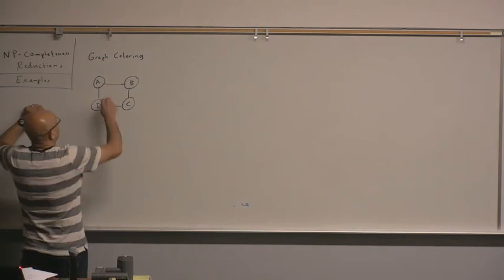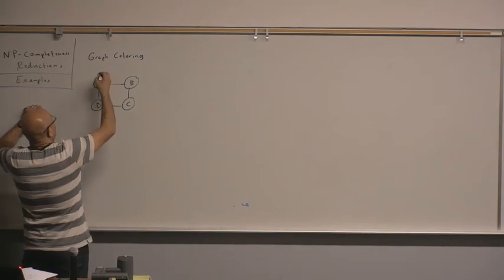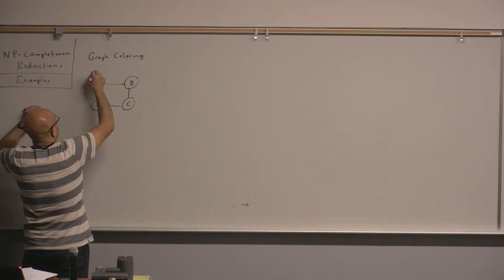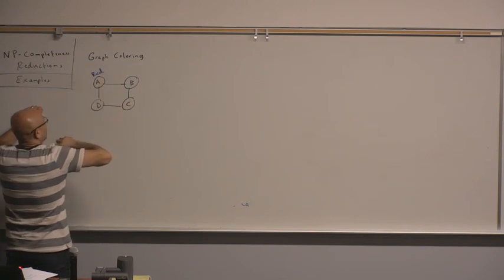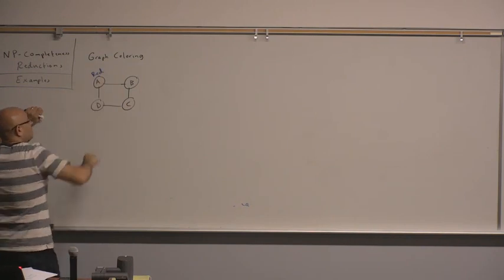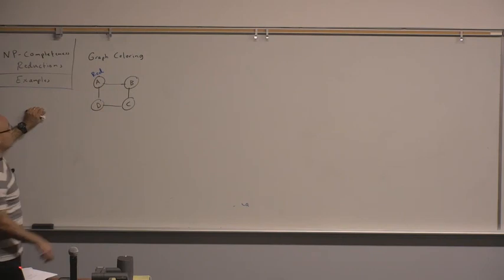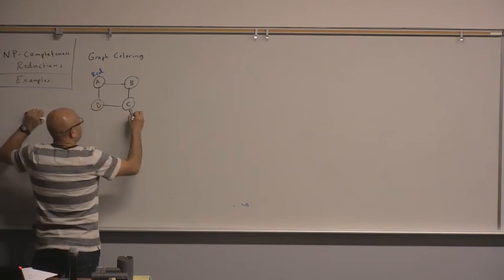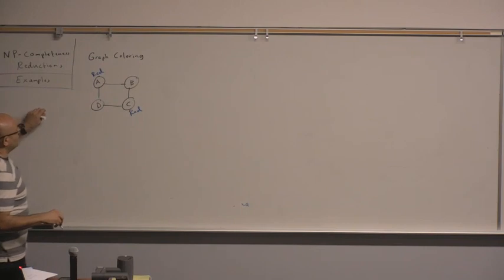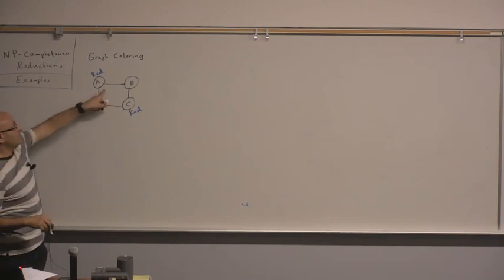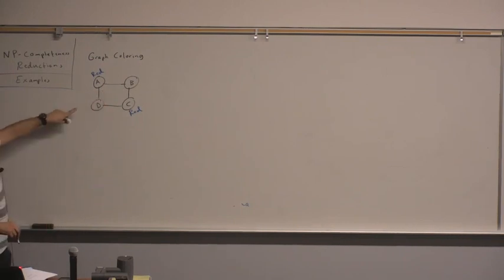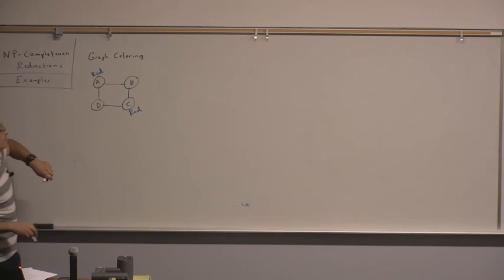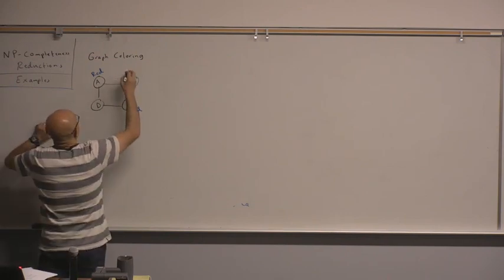Okay, so for example, we can color A red, then B and D cannot be red, but C can be red, because C is not adjacent to A. Then B and D, we can use the same color for B and D. We can use blue.